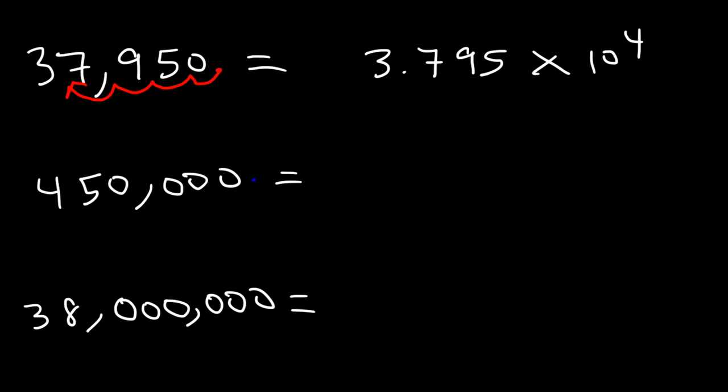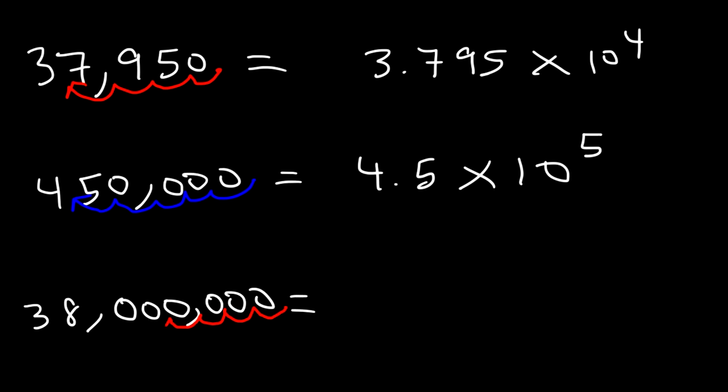For the next one, we got to move 1, 2, 3, 4, 5 spaces to the left. So it's 4.5 times 10 to the 5. And for this one, we're going to move 1, 2, 3, 4, 5, 6, 7 units to the left. So it's 3.8 times 10 to the 7.